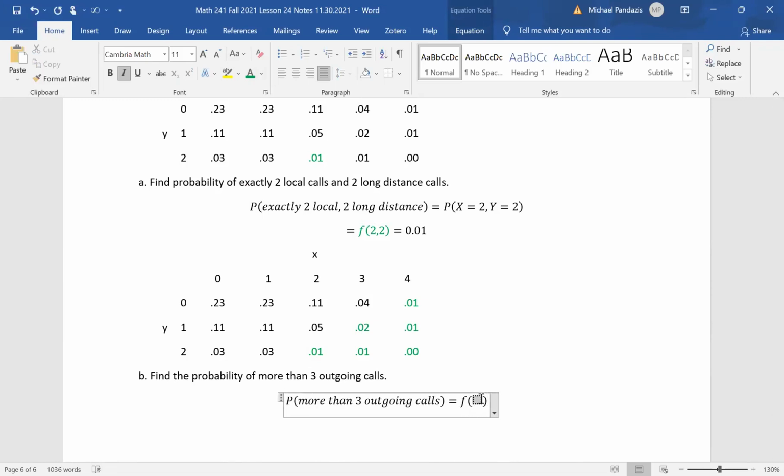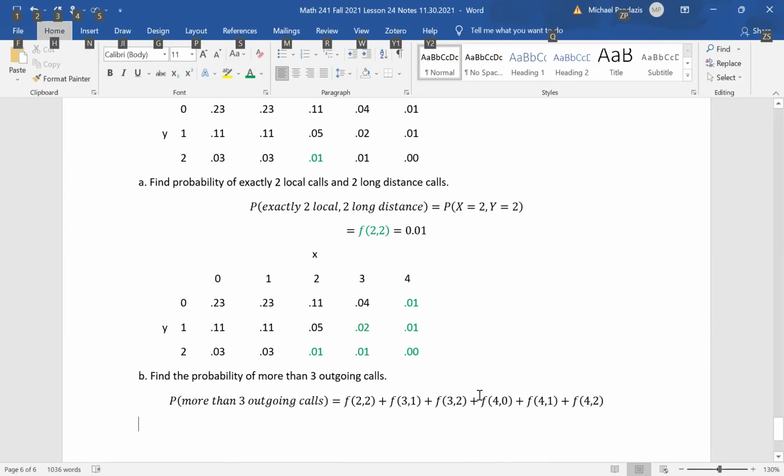So this is little f of 2, comma 2 plus little f of 3, comma 1 plus little f of 3, comma 2 plus little f of 4, comma 0 plus little f of 4, comma 1 plus little f of 4, comma 2.